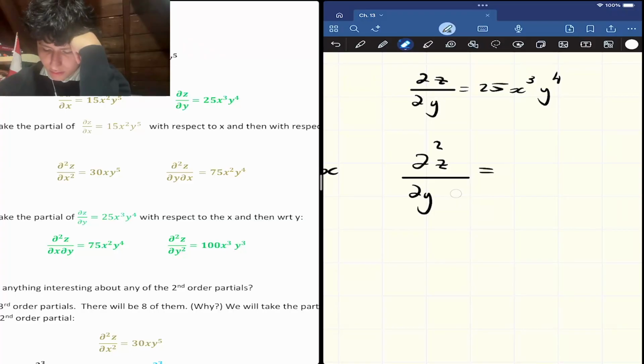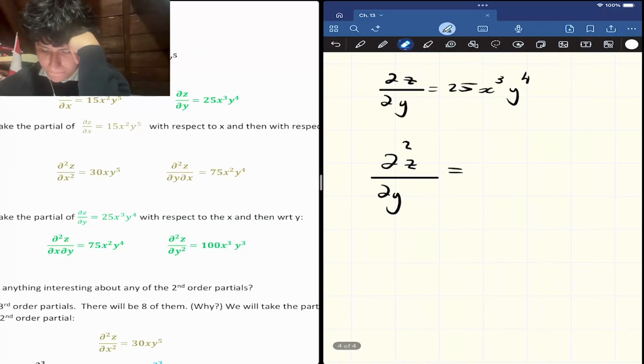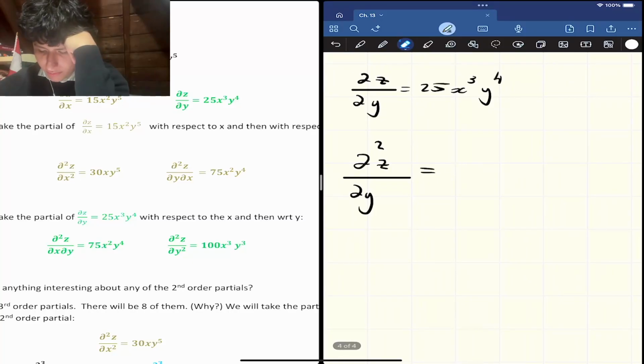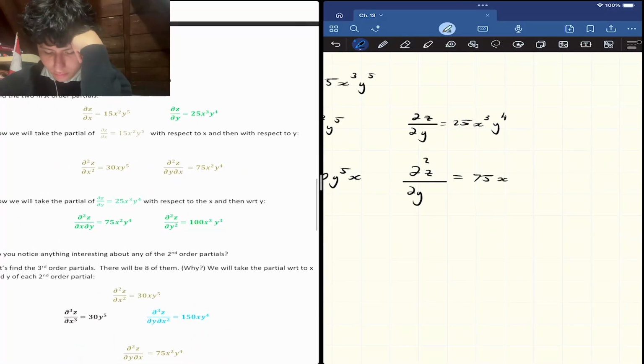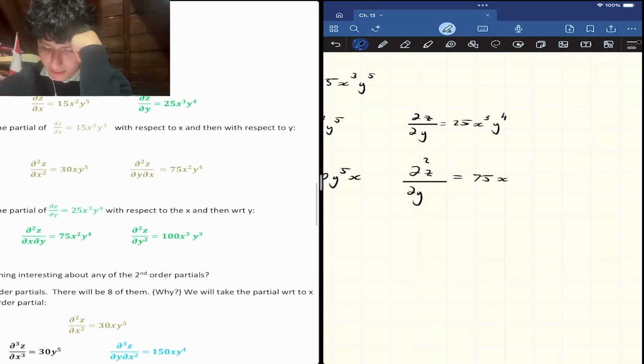I think it should just be dy, no? And then it would be 75, right? x squared. x cubed, I mean. Wait, what? Oh, I'm an idiot. Sorry.